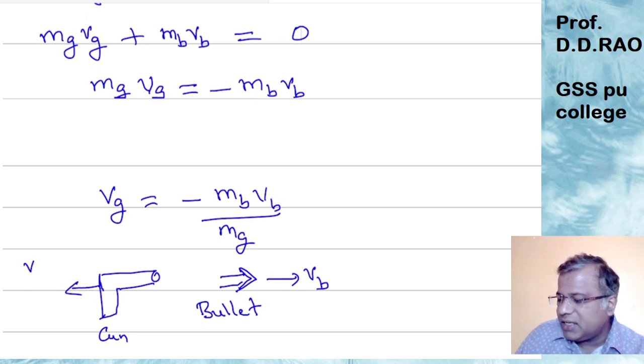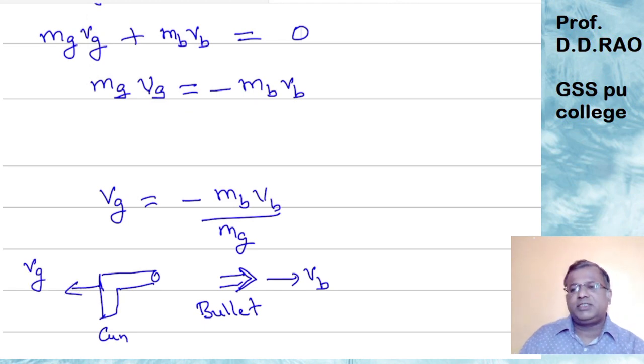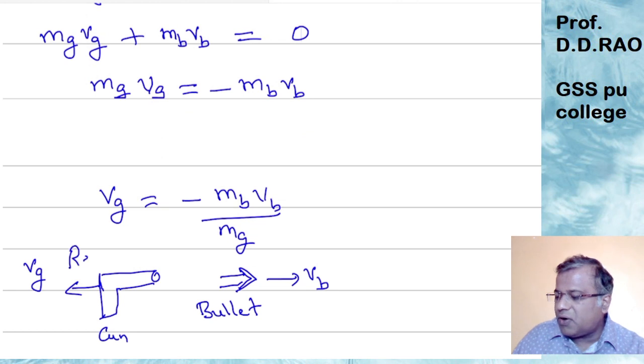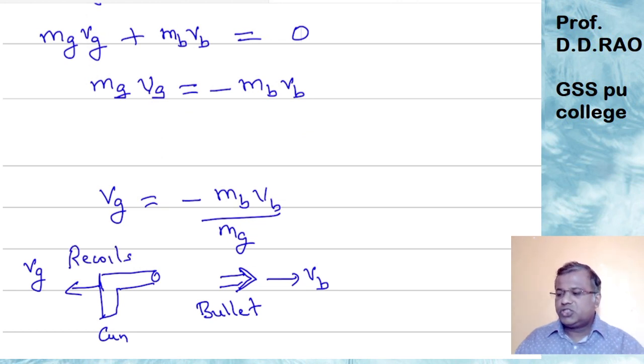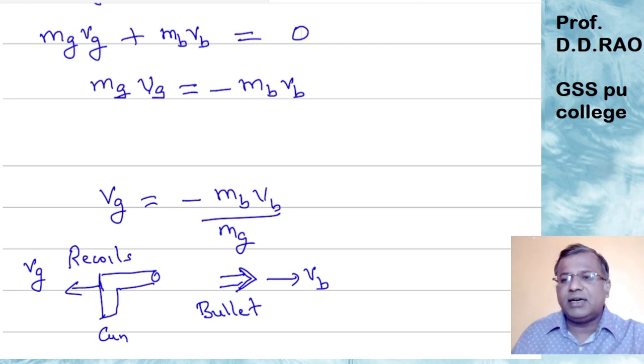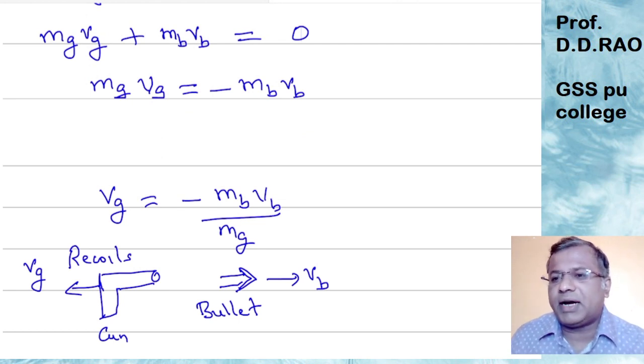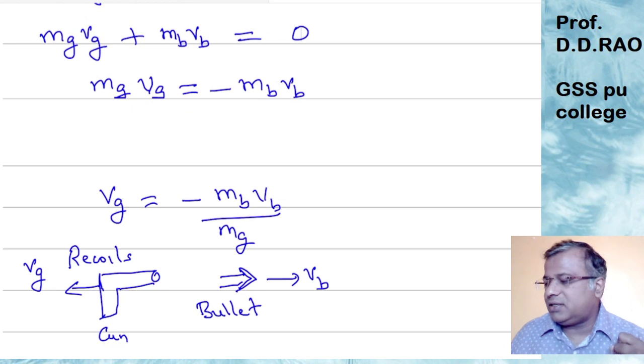The gun is basically going to go in which direction? Opposite direction. So we call that the gun recoils. The bullet moves in the forward direction, and the gun moves in the backward direction. This is called the recoil velocity of the gun.